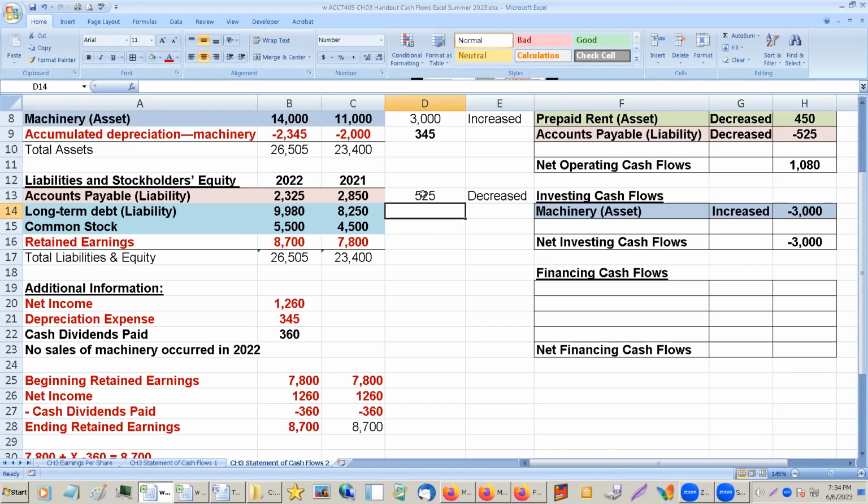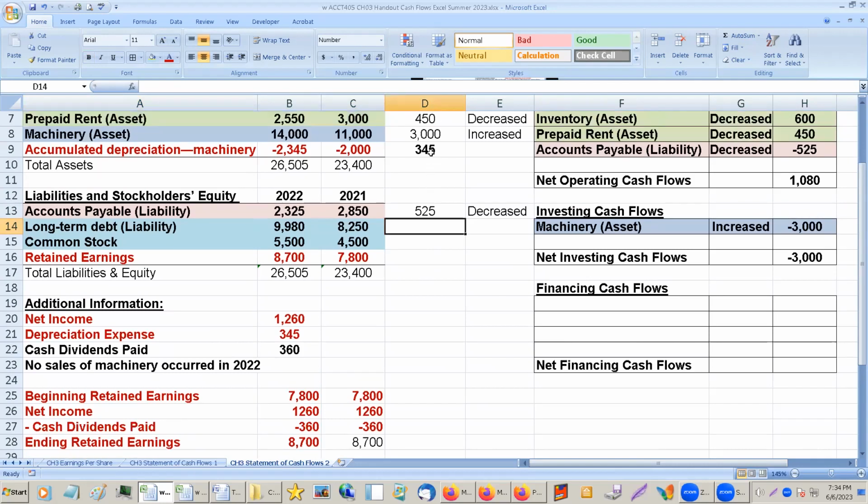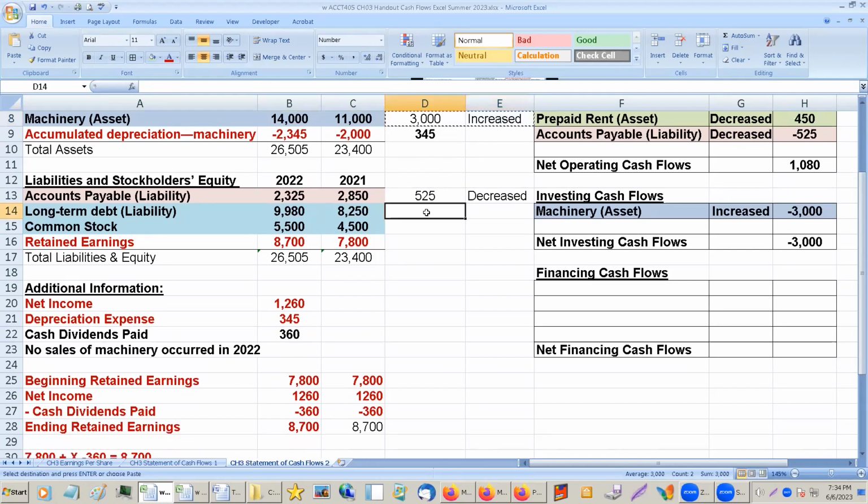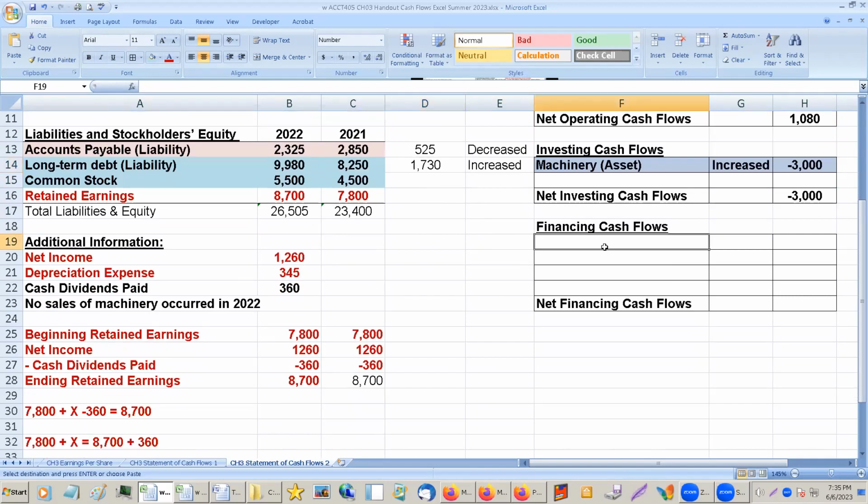All right, so the long-term liability increased. Okay, so what happened to the cash? It's a liability and it increased.